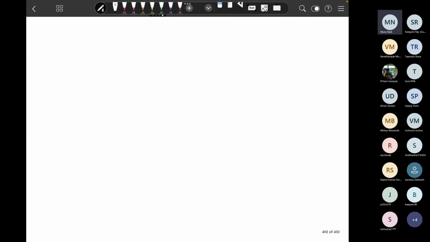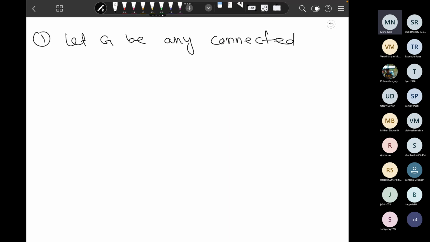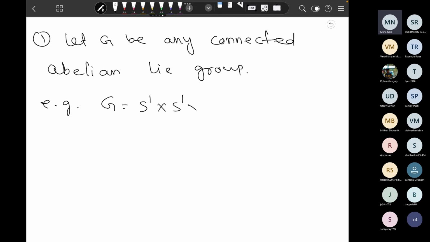So for instance, the first example I am giving: let G be any connected abelian group. This may not be compact. For instance, G is equal to S1 cross S1 cross S1 times R to the power n.